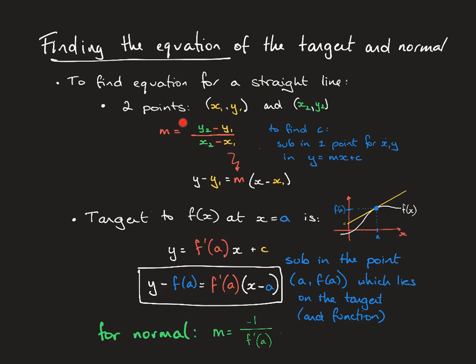And that will give you the gradient of the line. And you can substitute that into your equation for the line. The other thing that you can do is to substitute in one of those points to find the value of c in y equals mx plus c once you know what the gradient is. So your gradient can go in here. Your gradient can also go in there.